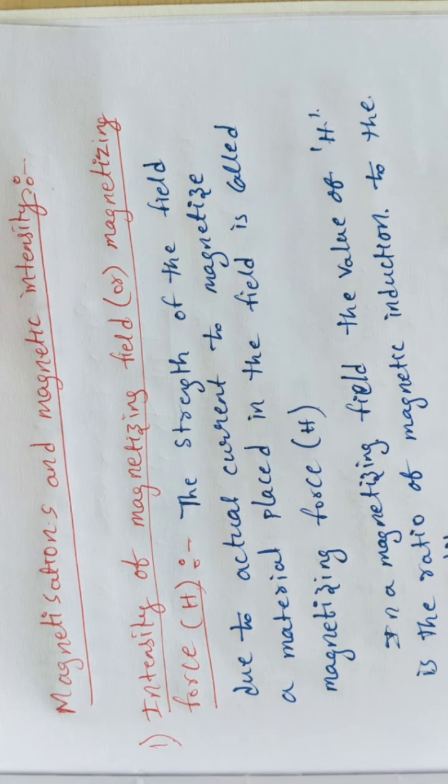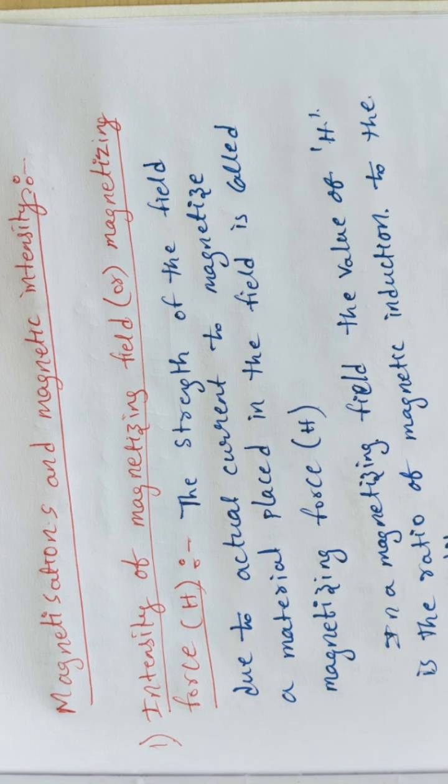This is represented by a capital H. Students, if you take any magnetic substance, such as iron, cobalt or nickel, and keep that material in a magnetic field, after some time the material acquires some magnetic nature. Is it clear or not? This is only the introduction class.